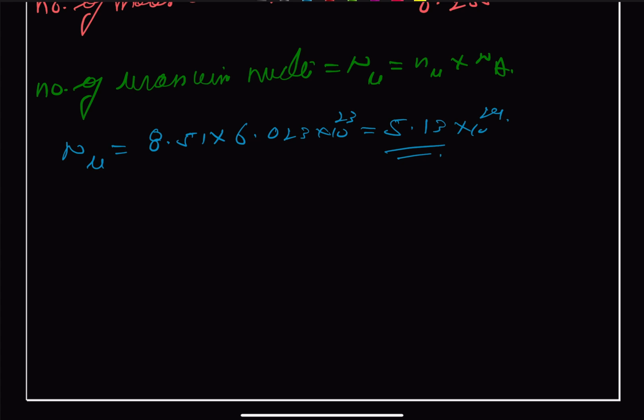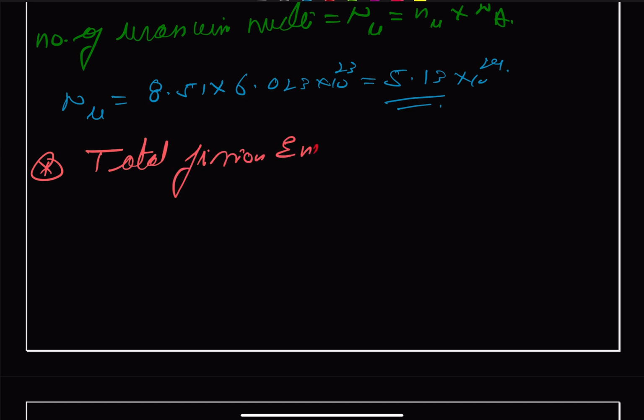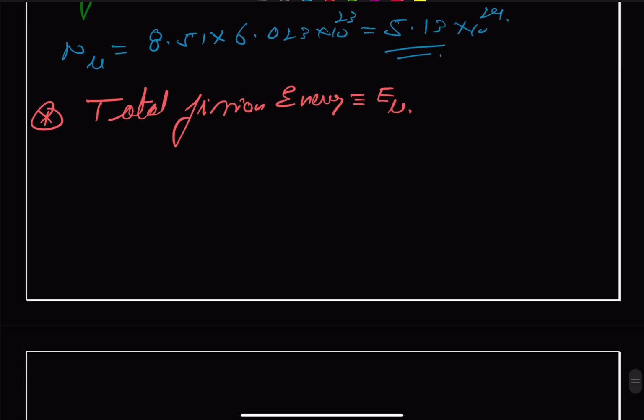Now we can find out the total energy in the fission. So we can say total fission energy, which is given as our E_U. So this E_U will be equal to total number, that is our 5.13 into 10 to the power 24, and energy released per fission is our 200 mega electron volt.